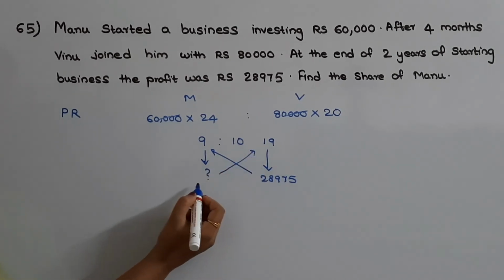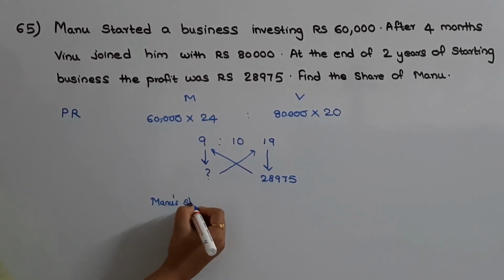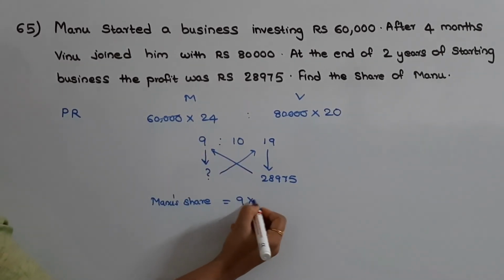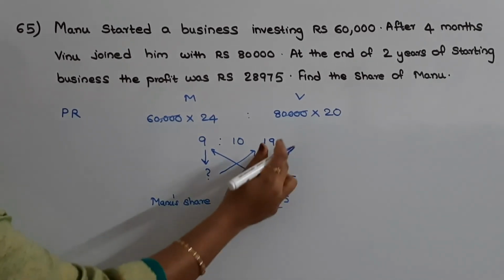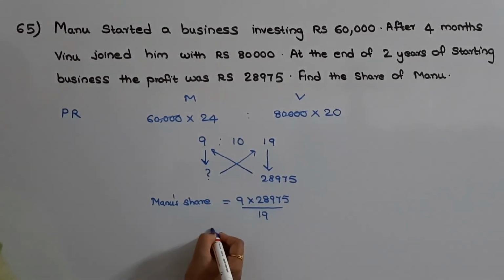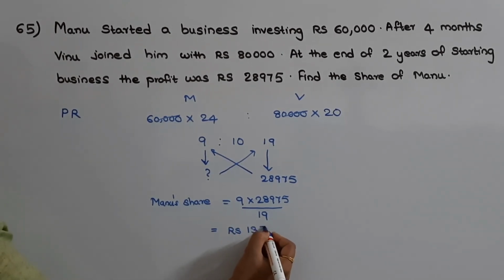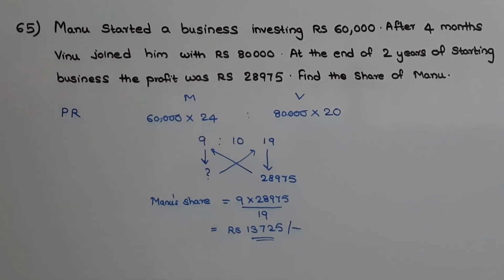So Manu's share will be equal to 9 into 28,975 divided by this 19. On solving this we will get the answer as rupees 13,725. So this is the answer.